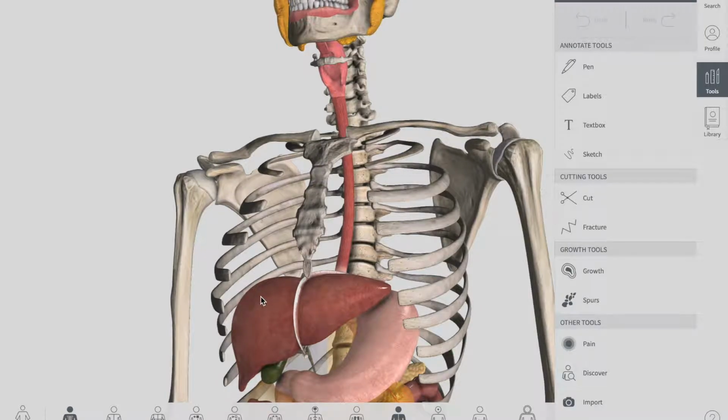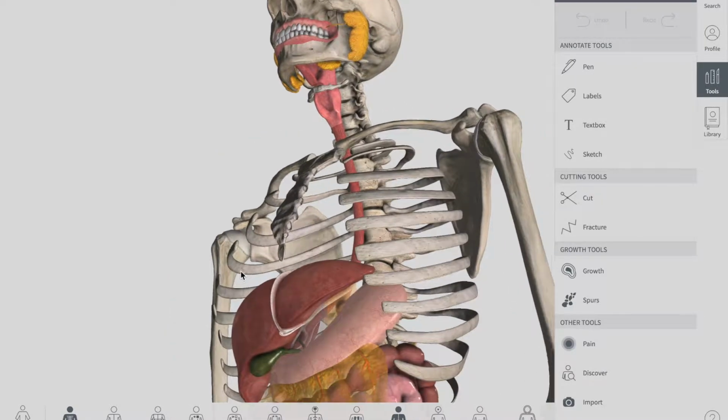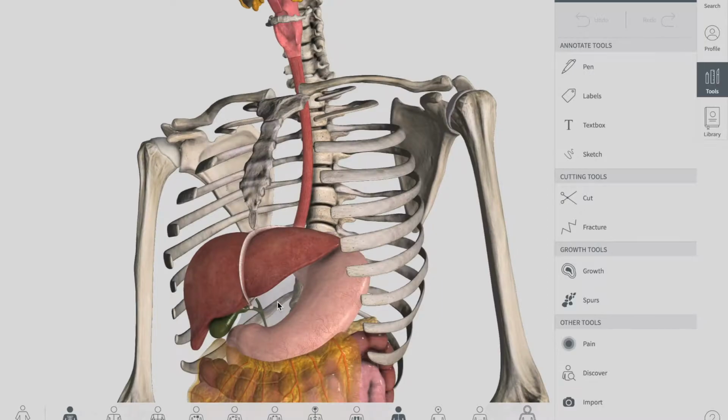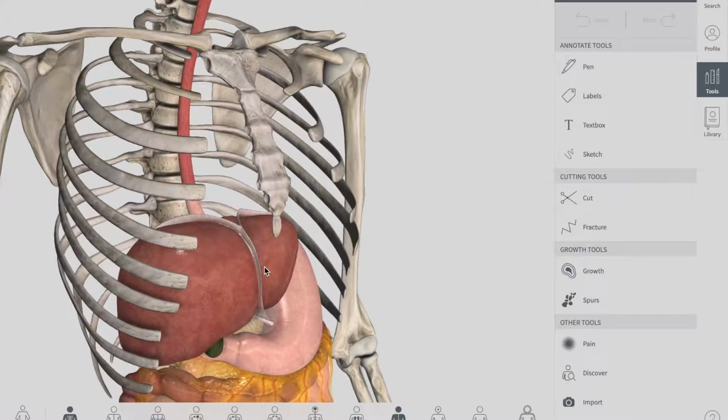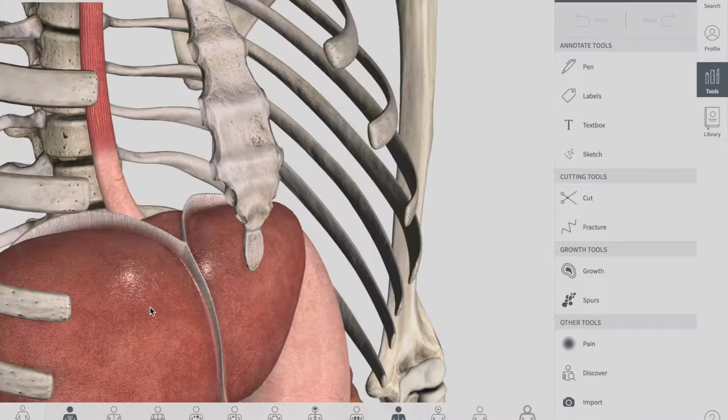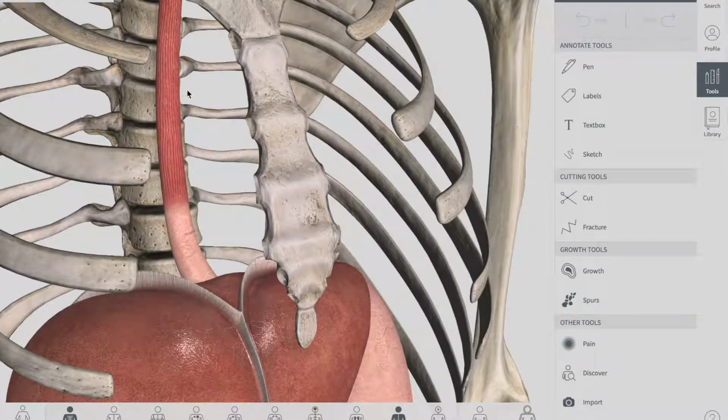Now let's talk about the muscular layer of your esophagus. The esophagus consists of an internal circular layer and an external longitudinal layer. If you look at this diagram closely, you'll find these muscles are longitudinal on the external side, and if you go internally, they are circular.